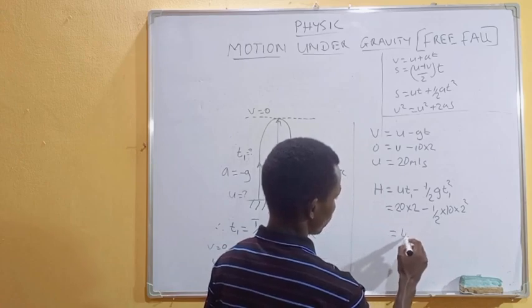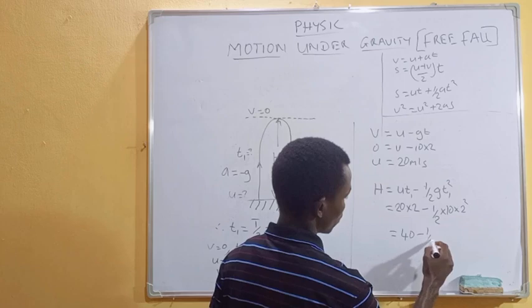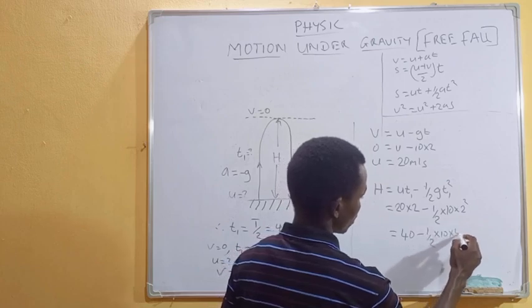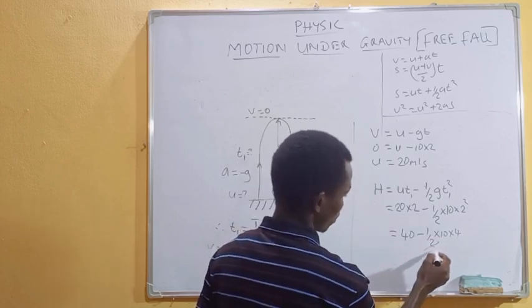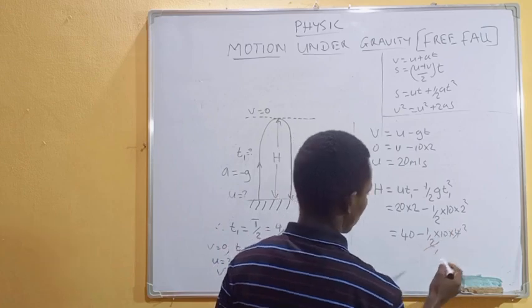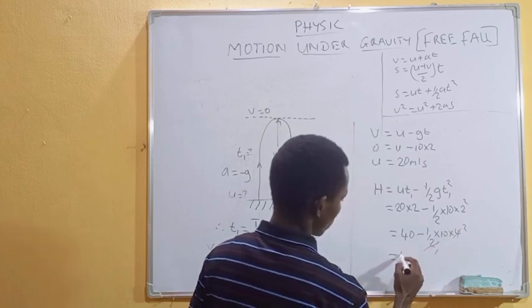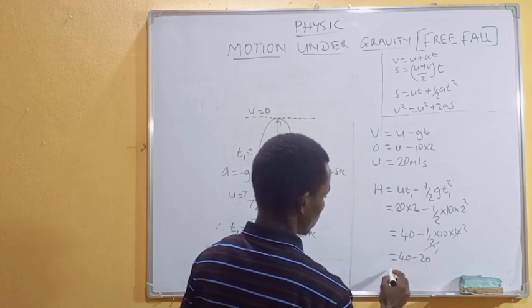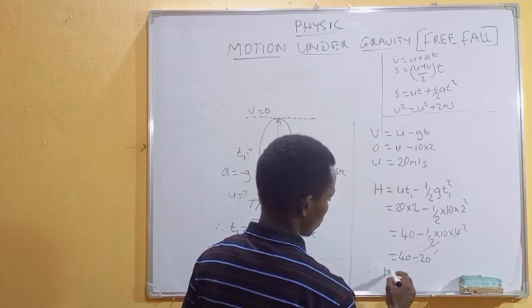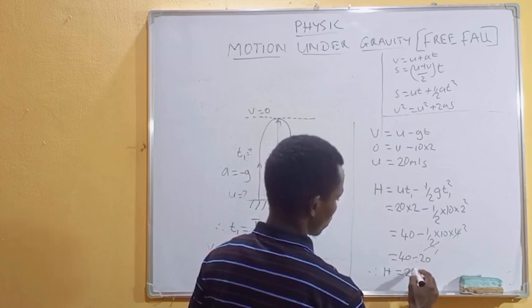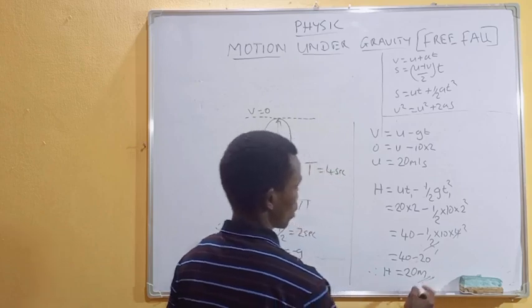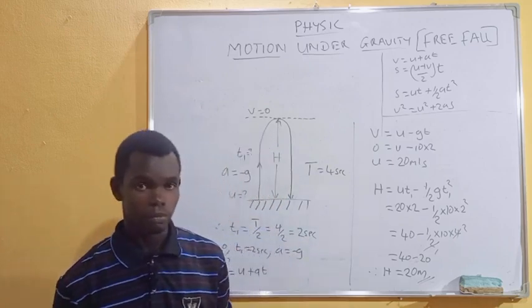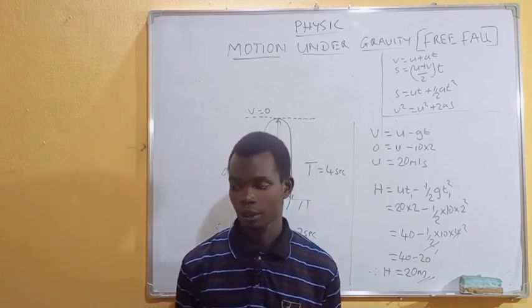So we have 40 minus 1 over 2 times 10 times 4. This 1 over 2 times 4 we have 2. Therefore, we now have 40 minus 20. Therefore, height will now be equal to 20 meters. That is our answer for question 3. Let's go to question 4.